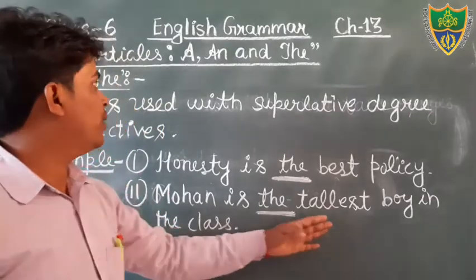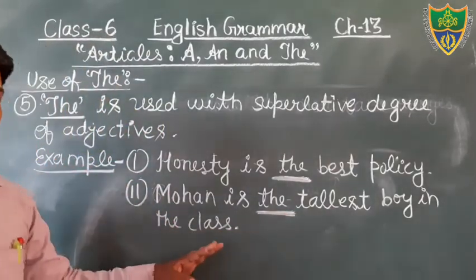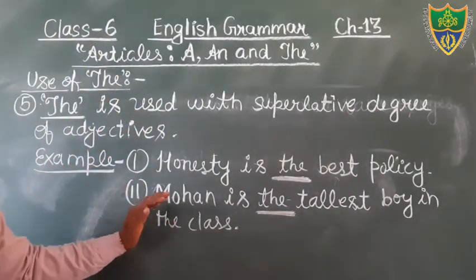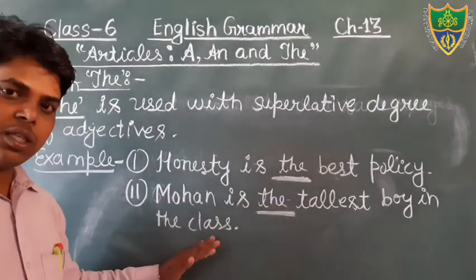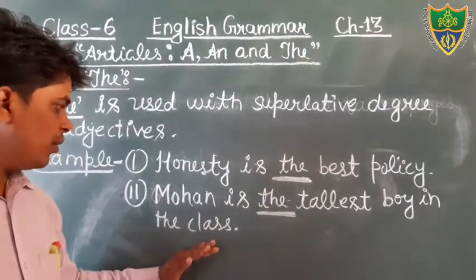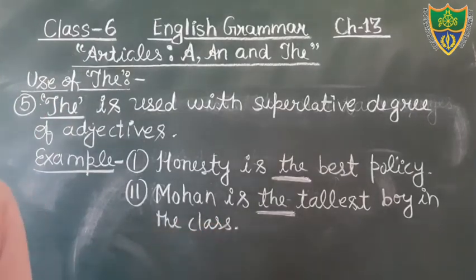Okay, students, I hope that you all have understood. Okay, so just see, Mohan is the tallest boy in the class. Okay, so just write down these examples. And the use of the is used before the superlative degree of adjective, or with the superlative degree of adjective.